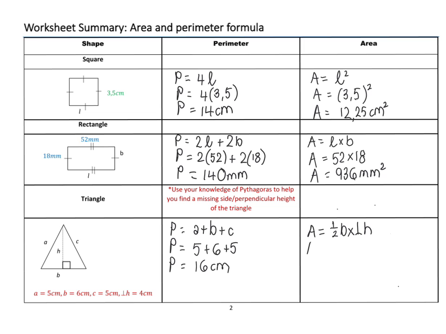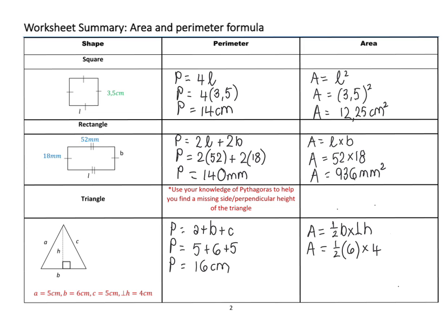Let me show you. So it's half of the base value, and the base value is the B. It's labeled B here. Okay, where your perpendicular height meets your base value. That's where you find the measurement you substitute into B here. And they said that that is 6 centimeters times the perpendicular height value as provided over here is 4 centimeters.